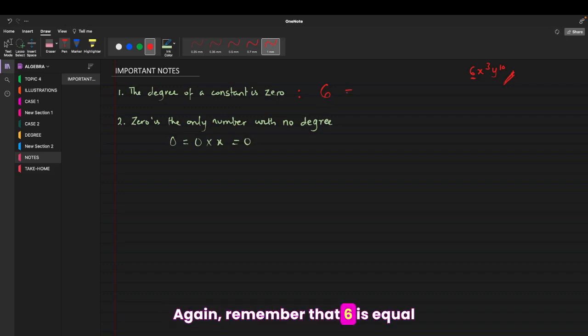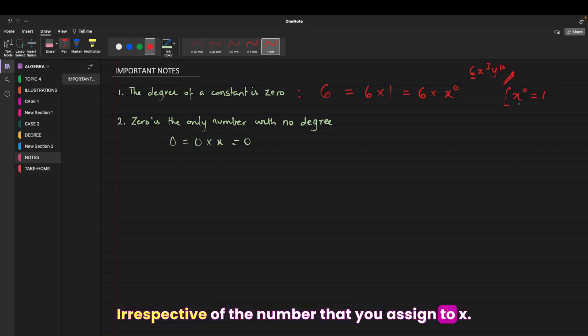Again, remember that 6 is equal to 6 times 1, right? So technically I haven't changed anything there, right? So again, 6 times 1 we can rewrite as 6 times x raised to power 0. And the reason is simple, right? X raised to power 0 is equal to 1. It's always equal to 1, irrespective of the number that you assign to x.